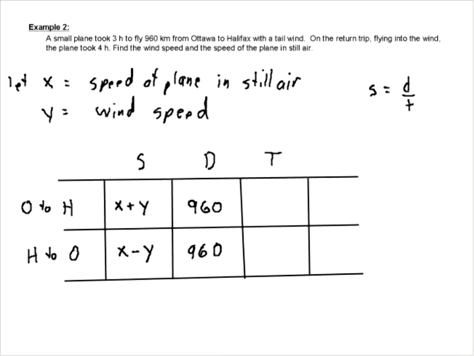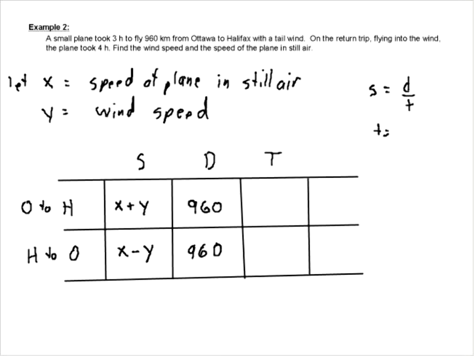And now, once we have 2 columns filled, we want to fill up the 3rd column using our equation. So we want to use this equation and solve it for time, because time is what we don't know. Of course, we were told the times, but we're going to use those later on. So what we have to do first is solve this for time.